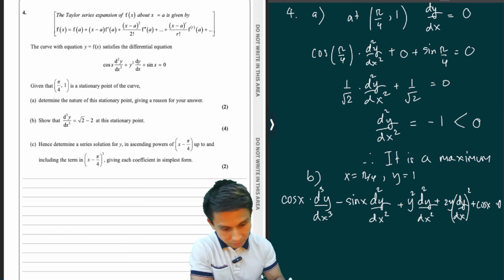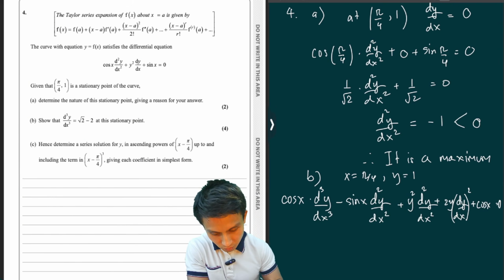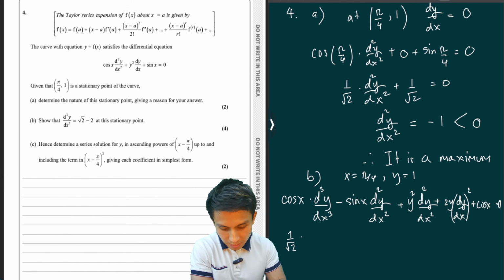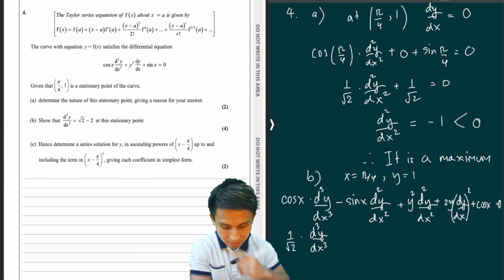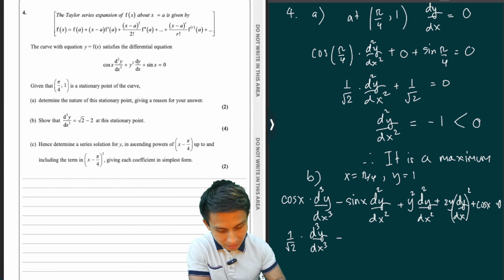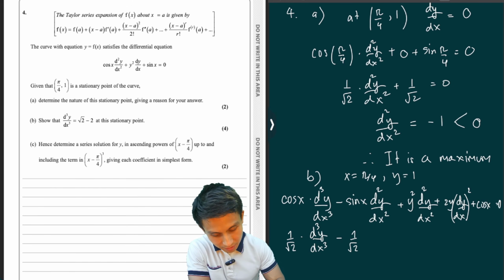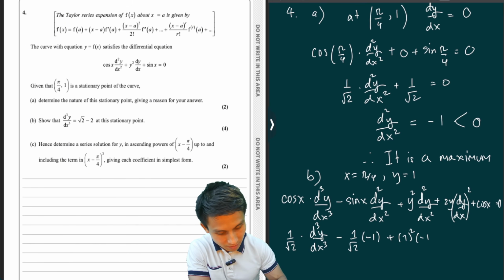And now we're going to substitute in term by term. So cos pi over 4 is again 1 over root 2. And d cubed y by dx cubed here is the thing we want to find. Minus sine x is also 1 over root 2. D squared y by dx squared is minus 1, right? Plus y squared, y is 1. D squared y by dx squared is again minus 1 here. Yeah.